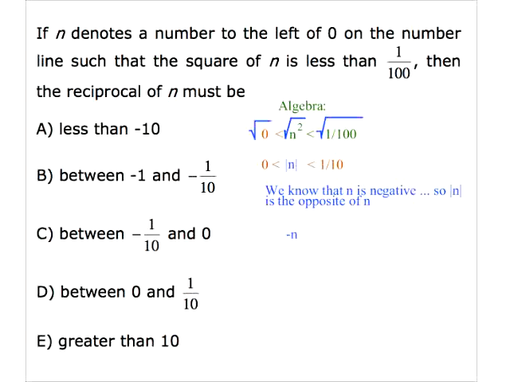So that means this can be replaced with negative n in that inequality. You can divide this whole thing by -1, and that gives this. That's your inequality for n.